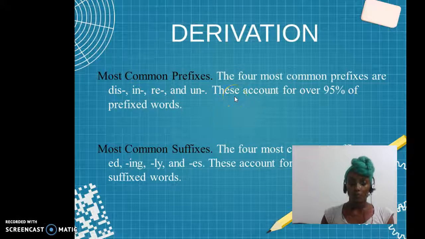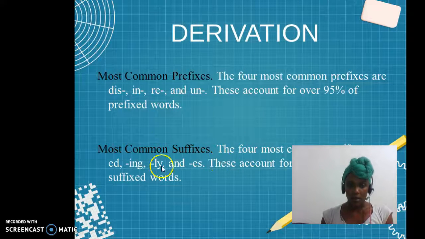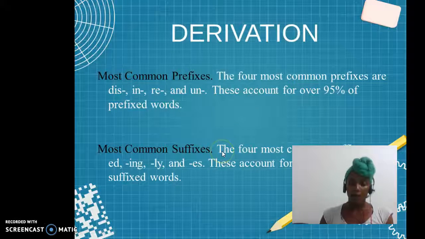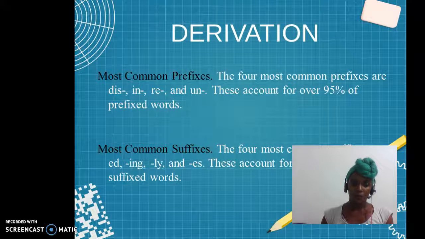This accounts for over 95% of prefixed words. In the same way, you can see the four most common suffixes. This accounts for over 95% of suffixed words.